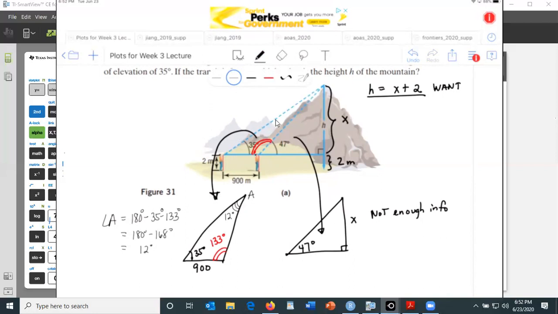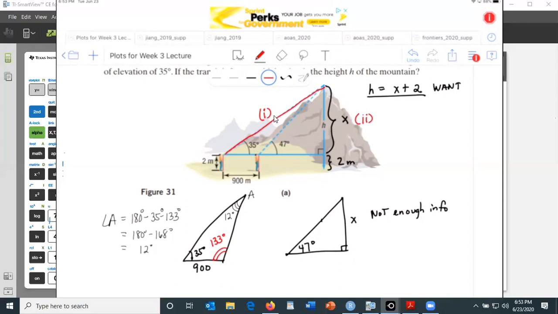Let me clean this up a little bit and point out some things. What we're going to do first is find that, so let's mark it with a little Roman numeral 1. We're going to get that first, and once we find that, we'll be able to get this x. That will be our second task.